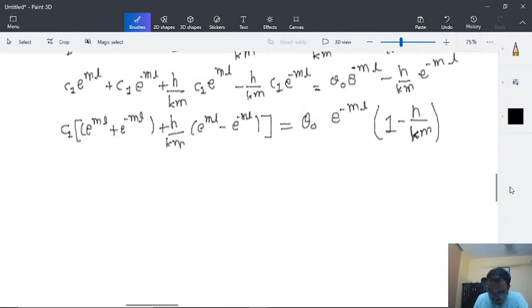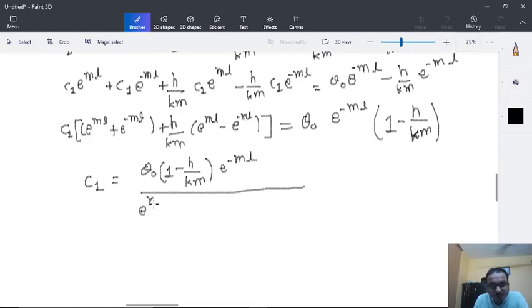Okay, so C1 is equal to theta 0 into 1 minus h by km into e raised to minus mL, divided by e raised to mL plus e raised to minus mL plus h by km, e raised to mL minus e raised to minus mL.